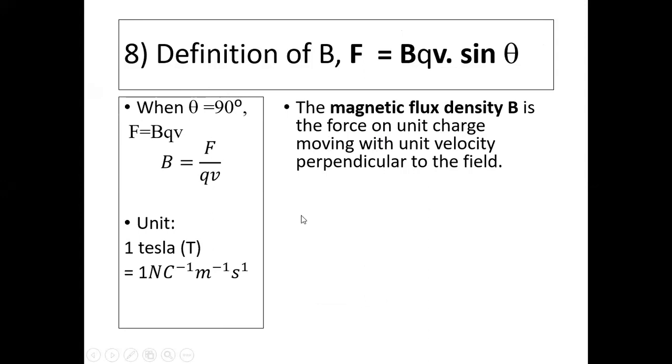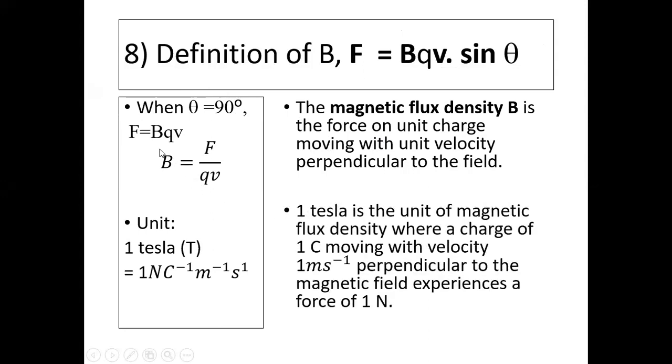And then 1 Tesla, this must be 1, this must be 1. The unit of magnetic flux density is where a charge of 1 coulomb moving with velocity 1 meter per second perpendicular to the magnetic field experiences a force of 1 Newton. Always 90 degrees must be there. Okay, definition, nothing much. Just know where you get the formula and memorize it.